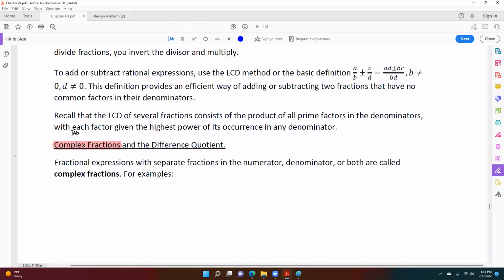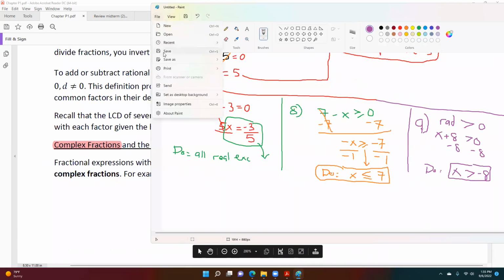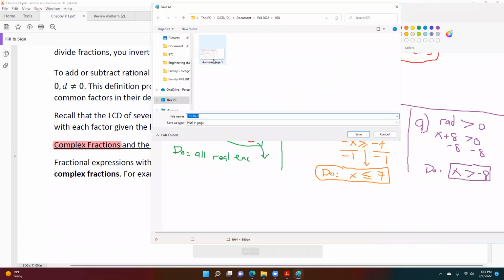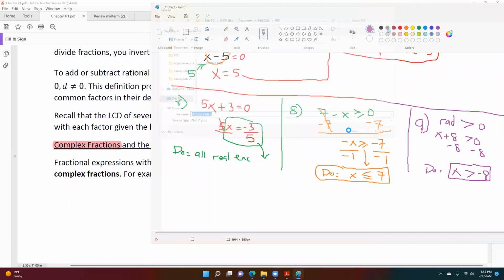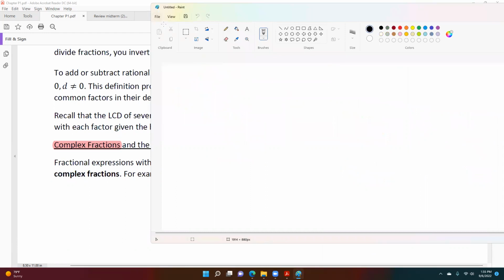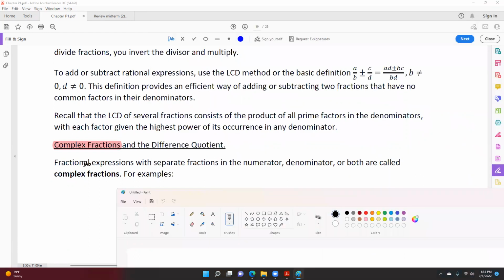The next part we have is what we call a complex fraction. So what is a complex fraction in this case? A complex fraction is a fraction expression with separate fractions in the numerator, denominator, or both. Another way to say it is fractions on fractions.